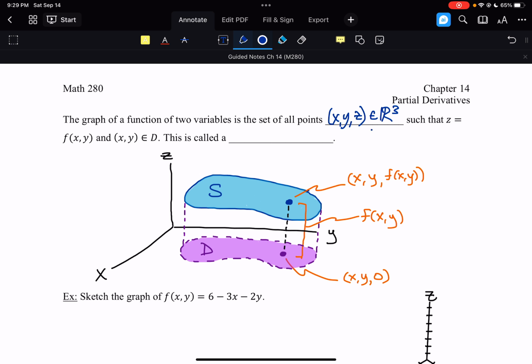So R3, like the third dimension. So we have ordered triples here, not ordered pairs, such that z equals f of xy, and xy are in the domain. And like I said, this is called a surface.